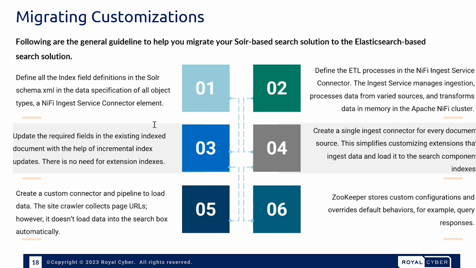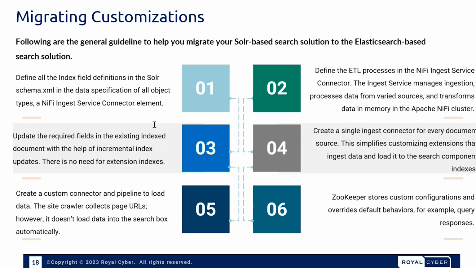Define ETL processes in the NiFi ingest service connector. The ingest service manages ingestion, processes data from varied sources, and transforms data in memory in the Apache NiFi cluster. The approach to pre-processing data for the index has changed significantly with the new HCL Commerce version 9.1 architecture.